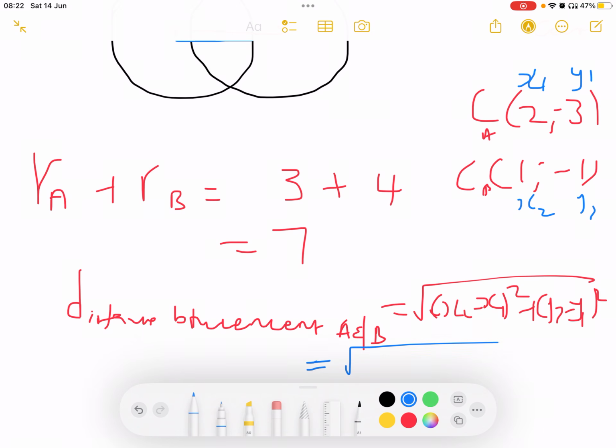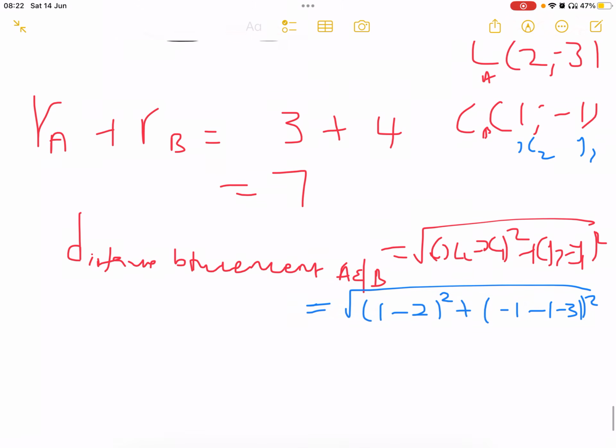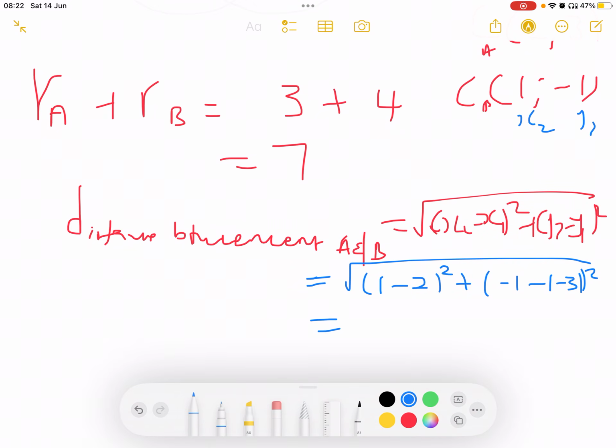Substitution: x2, that's 1 minus 2 squared, plus negative 1 minus 3 squared, all under the square root. If we punch that in a calculator, we get the square root of 17, which is 4.123.